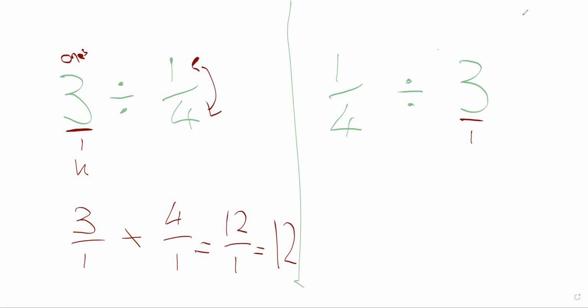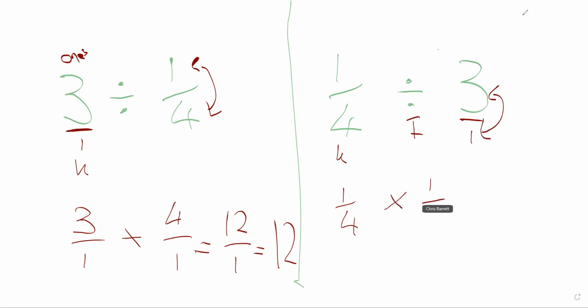If I go on to the other side, I'm going to get a different answer to before, and that's because now I'm dividing it by something different. So I'm not dividing it by a quarter this time. I'm dividing it by 3 whole ones. So I keep my 1/4. I inverse for multiplication, and I flip these around again.